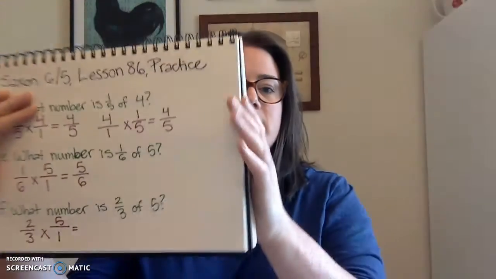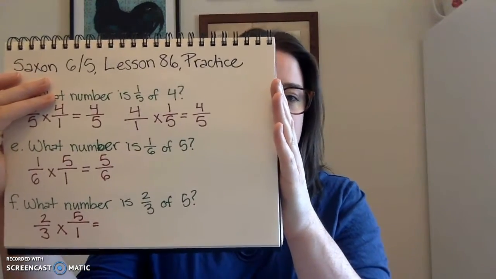And then my last question is question F. What number is 2/3 of 5? It's the exact same process. I'm going to multiply 2/3 times 5. In order to do so, I turn 5, the whole number, into a fraction. 5 becomes the numerator. The denominator is 1. And I have the multiplication problem, 2/3 times 5/1. I multiply my numerators. 2 times 5 gives me 10.